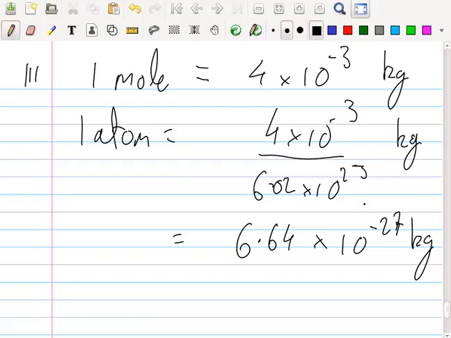That seems right. There's one way you can check if this is right. How many protons and neutrons are in helium? 2 and 2, so in total 4. So this answer should be roughly 4 U. And remember, U is the mass of 1 proton or 1 neutron. So look at the table book, and what is U?